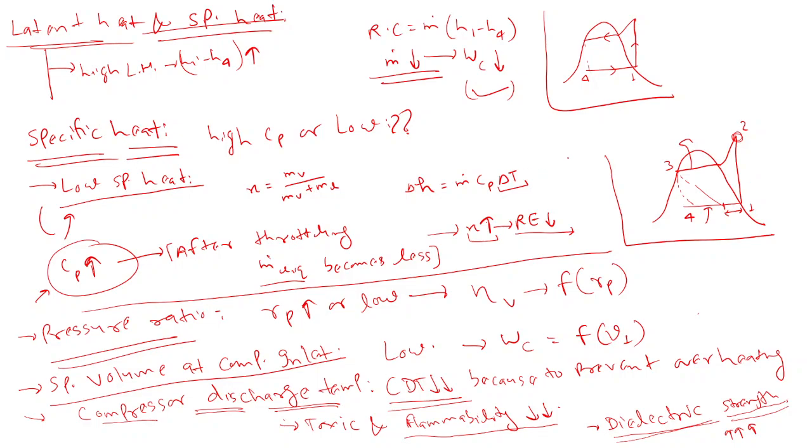For the liquid side, generally you have to say about liquid. Here we don't go for specific heat. After that, latent heat we want high, and specific heat at the liquid side we want less, because there much loss is not there. But here loss in refrigeration effect would be very high if the liquid side were somewhat more. So loss in the refrigeration effect would be very high. That's why we want less here.